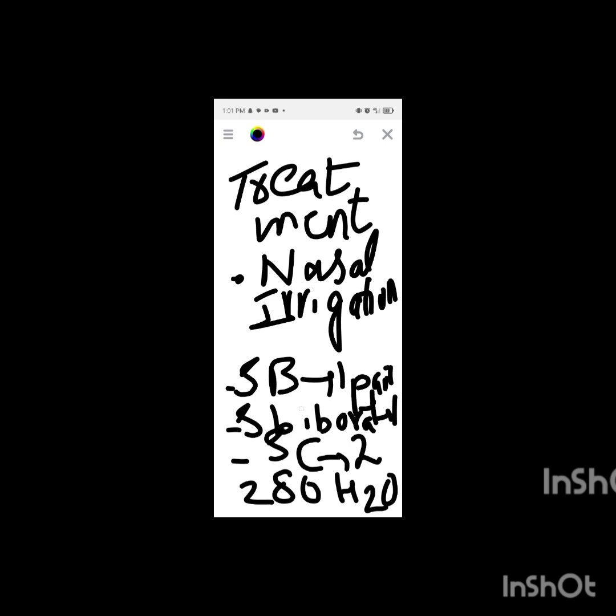So how do we do the nasal irrigation? By dissolving sodium bicarbonate 1 part, sodium biborate 1 part, sodium chloride 2 parts in 280 milliliters of water. So the first step is nasal irrigation.